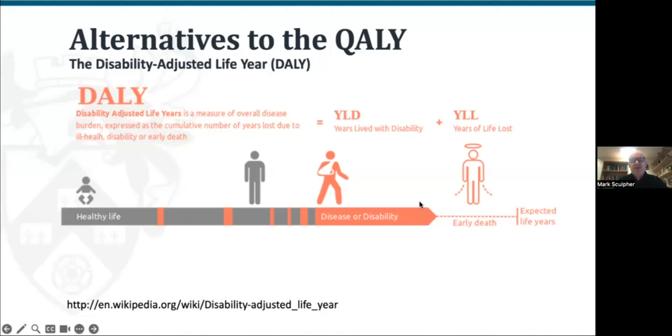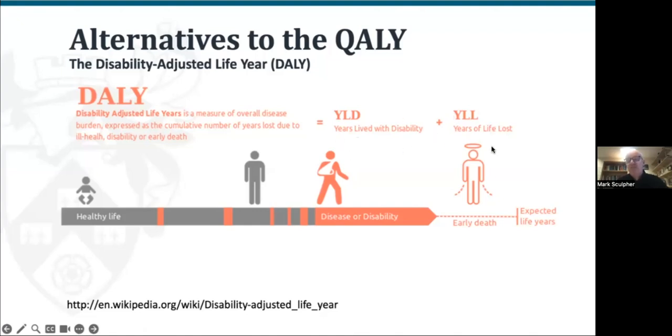Conceptually, what we're saying with the DALY is that we are partitioning people's prognosis again according to the years they live with disability. So that it's how long they live with some level of quality of life that is less than full. And that's part of the partition.